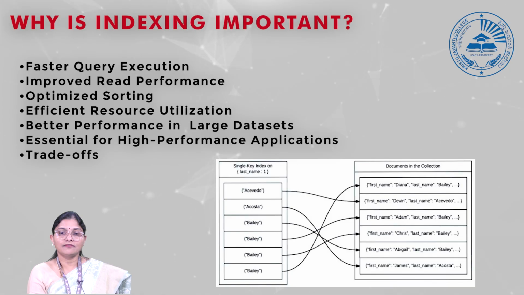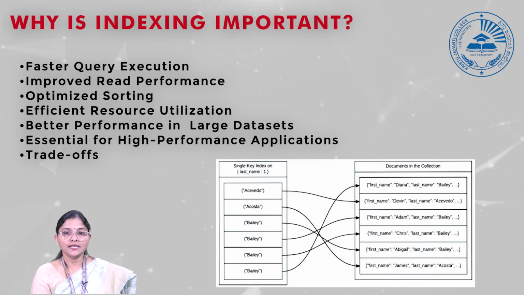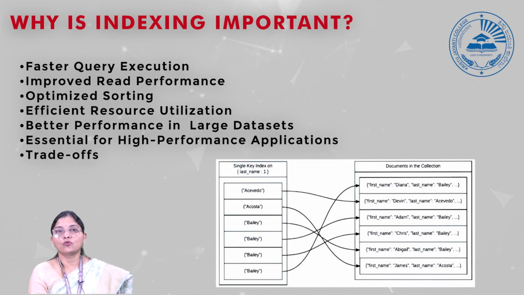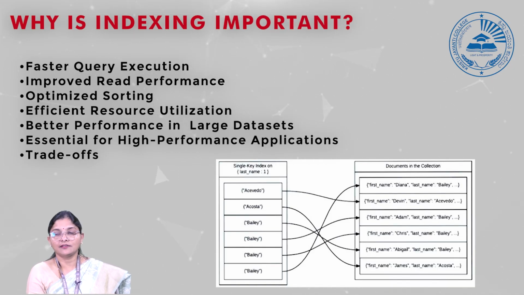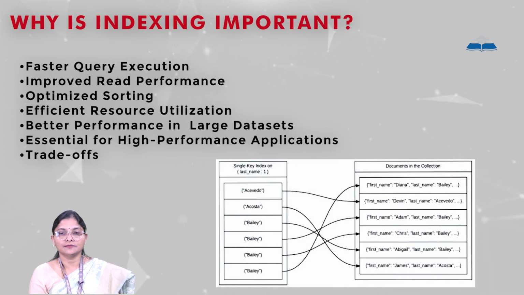It is a key-value pair, where the key is the field's value that we indexed on and the value is the actual document itself. Thus indexing is a critical feature in MongoDB that enhances query performance, improves scalability and ensures efficient data retrieval, making it essential for any database-driven application.